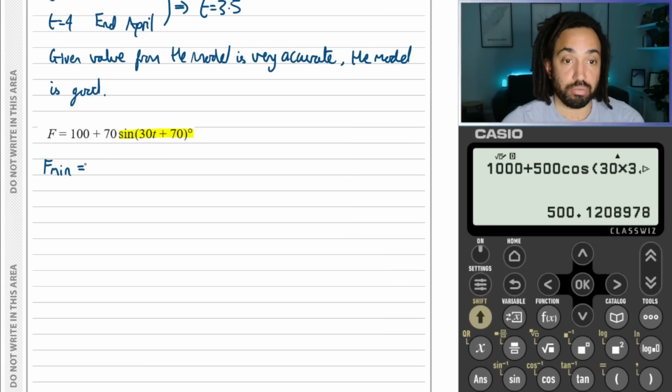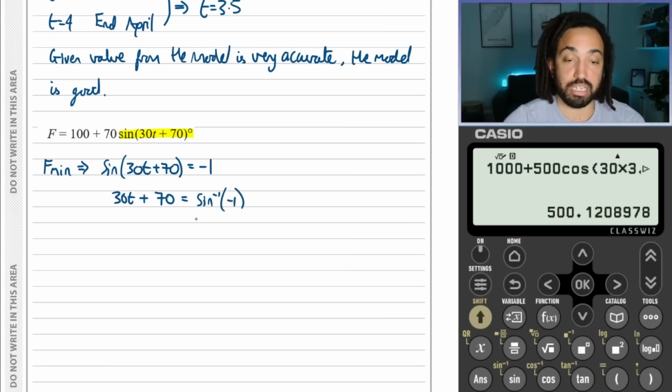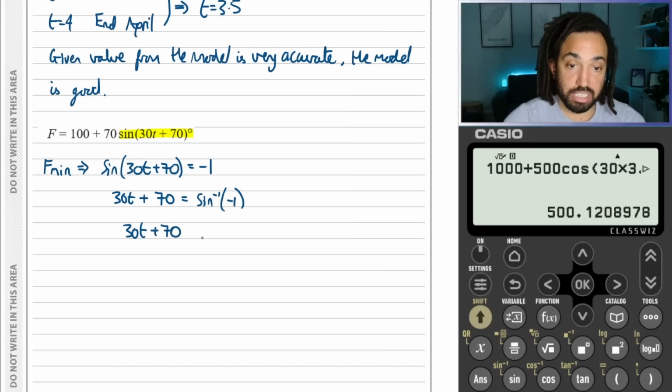So in fact, if we have a f min, all we need to know really is that this sine function is equal to -1, because that's what's going to minimize f. So we can then just solve this equation to find the t value, which will then substitute back into the rabbit formula. Okay, so 30t plus 70.